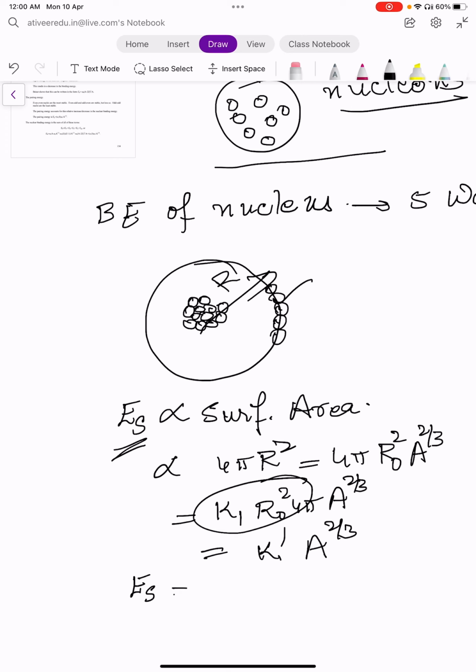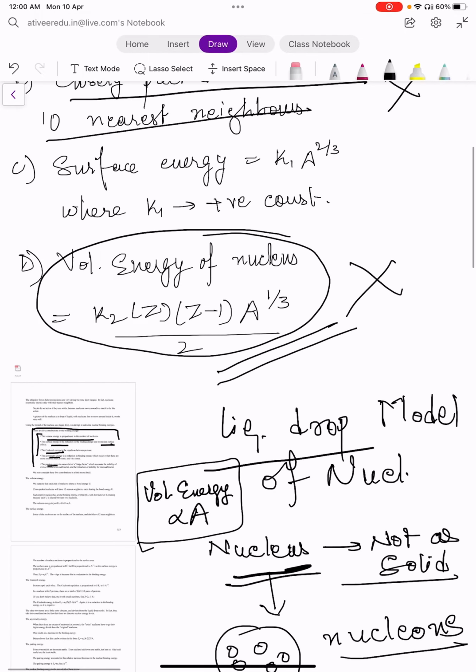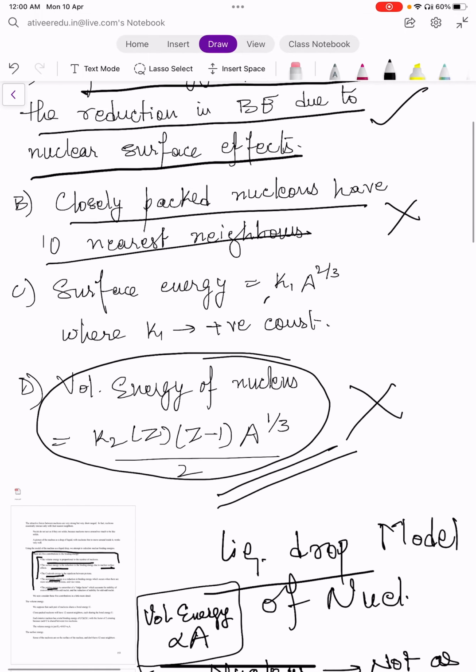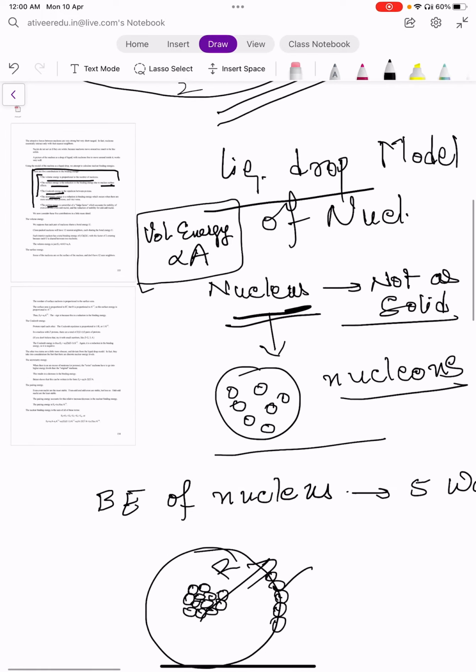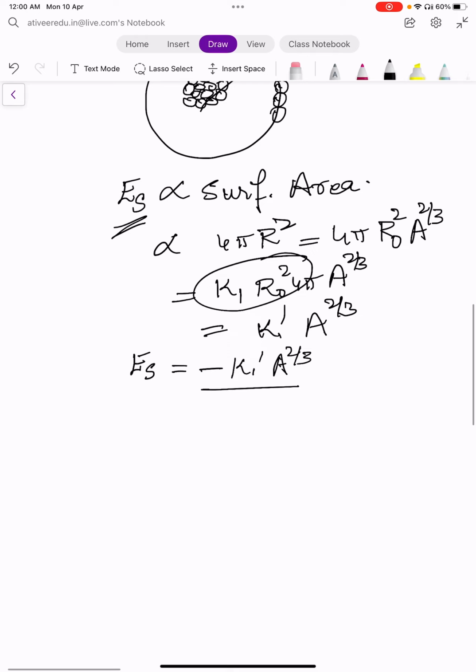So surface energy is equal to minus k1 dash A to the power 2 by 3. If we see the option here, k1 is a positive constant. So this option is also wrong. Now after that we have the Coulomb energy.